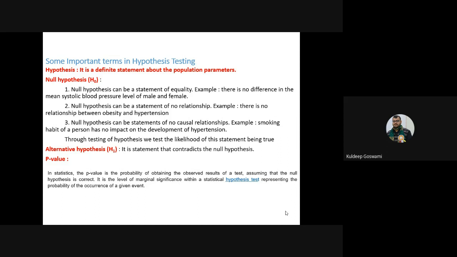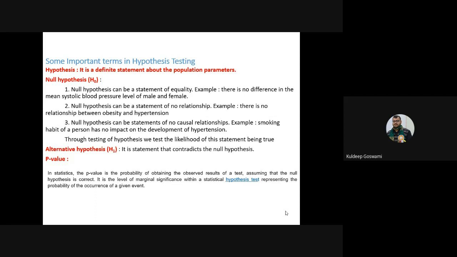Under the hypothesis, there are two categories of hypothesis we generally find. One is called null hypothesis and the second one is called alternative hypothesis. Alternative hypothesis is a hypothesis which is completely opposite to the null hypothesis.